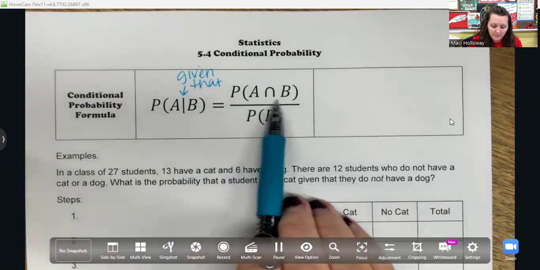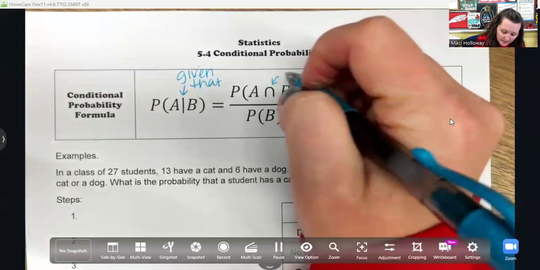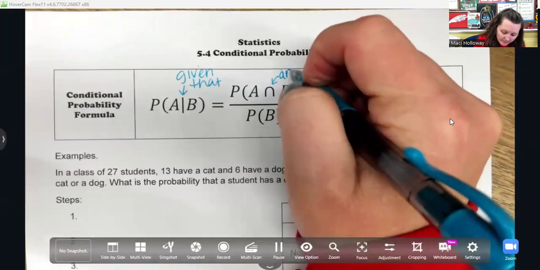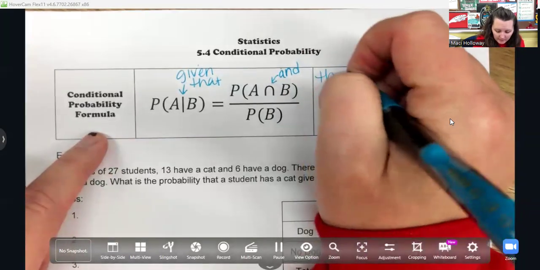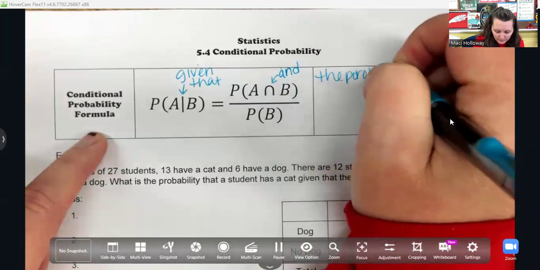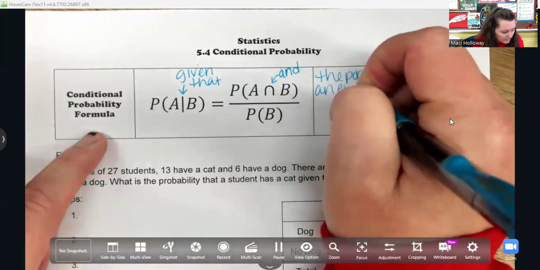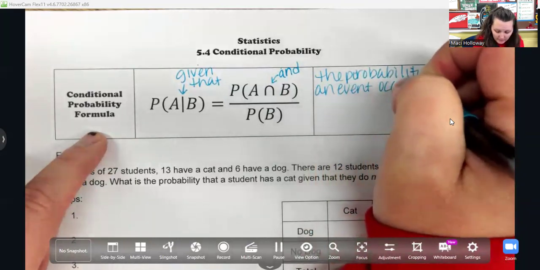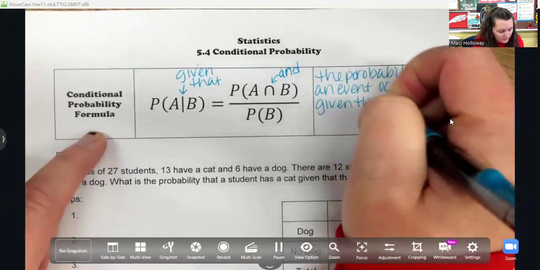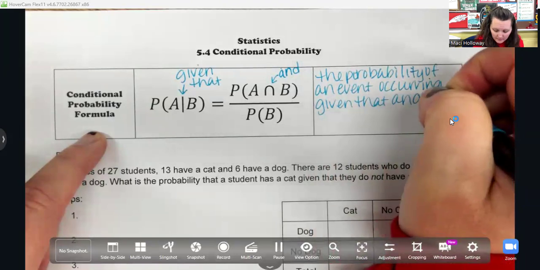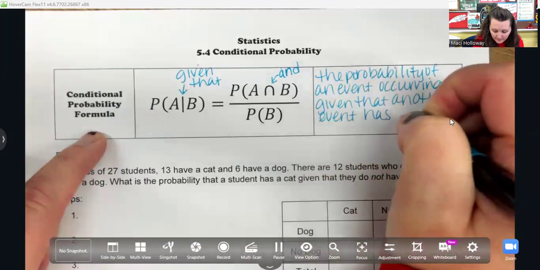We're going to be using a table, but here's our formula today. Remember, this is the intersection, or the "and." So the probability of an event occurring given that another event has already happened.